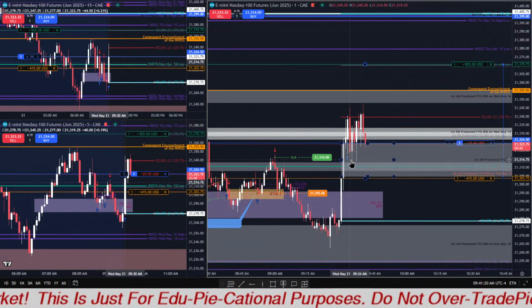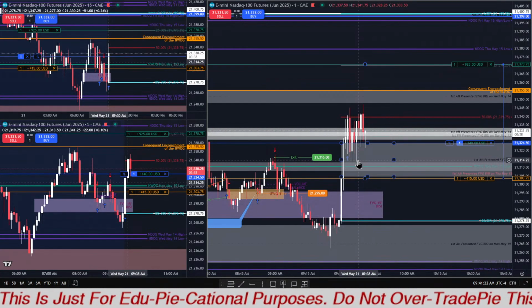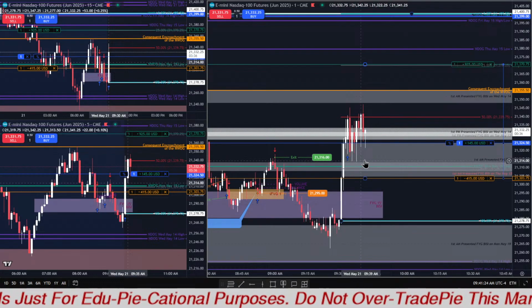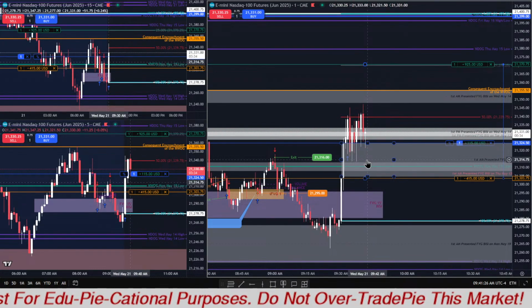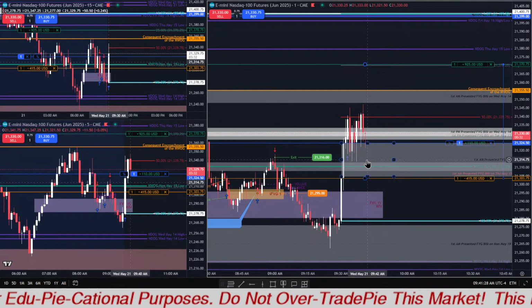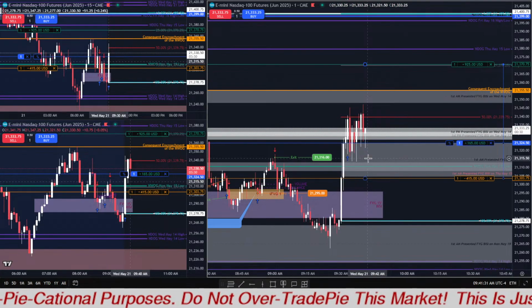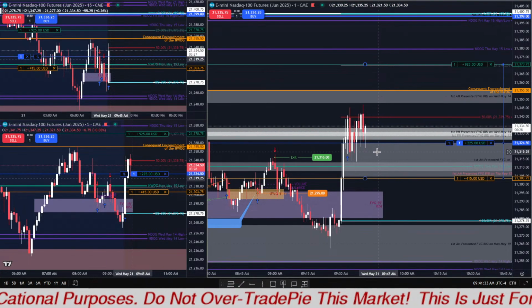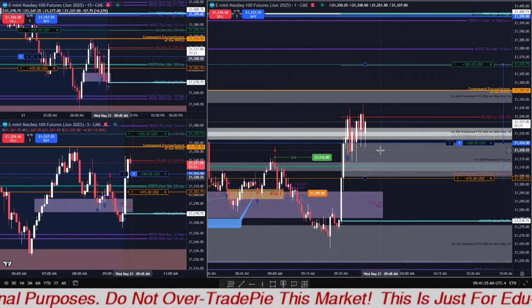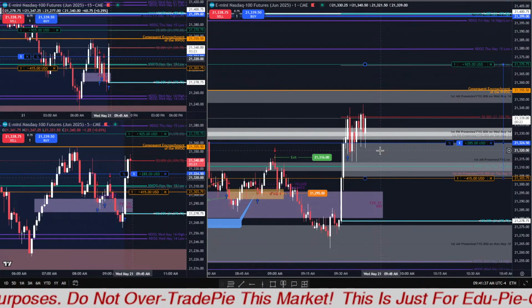I'm not very interested to see the market trading below this consequent encouragement, but because of the timing, it's possible that the market once again tries to explore this upper portion of this inefficiency.